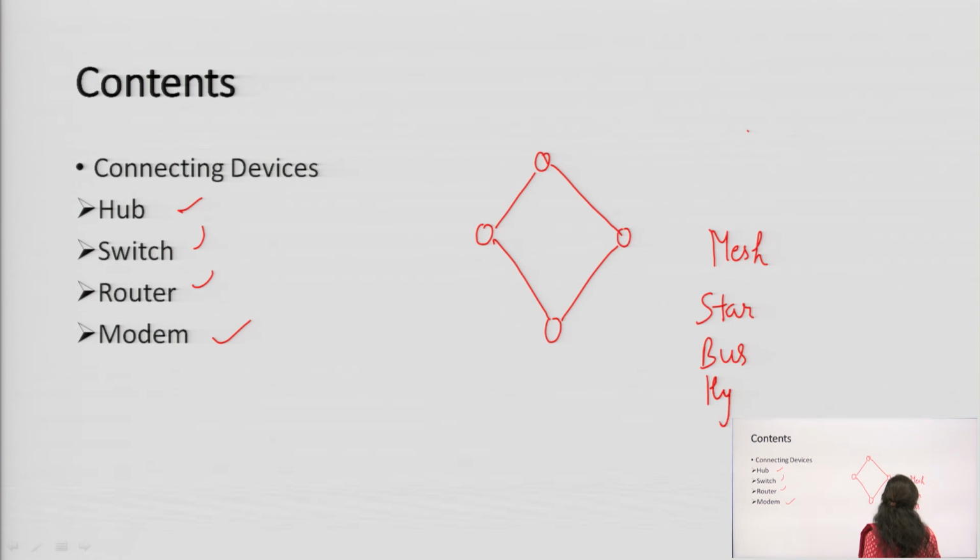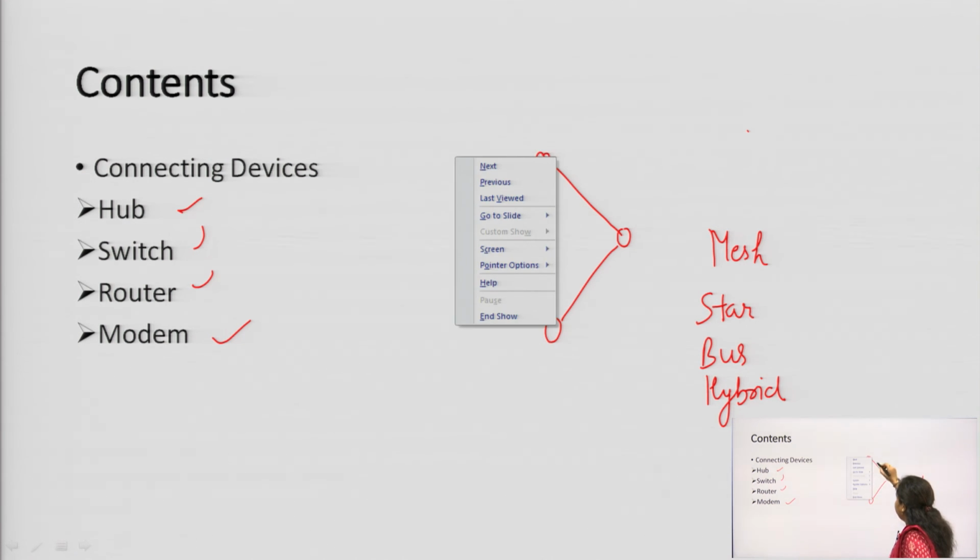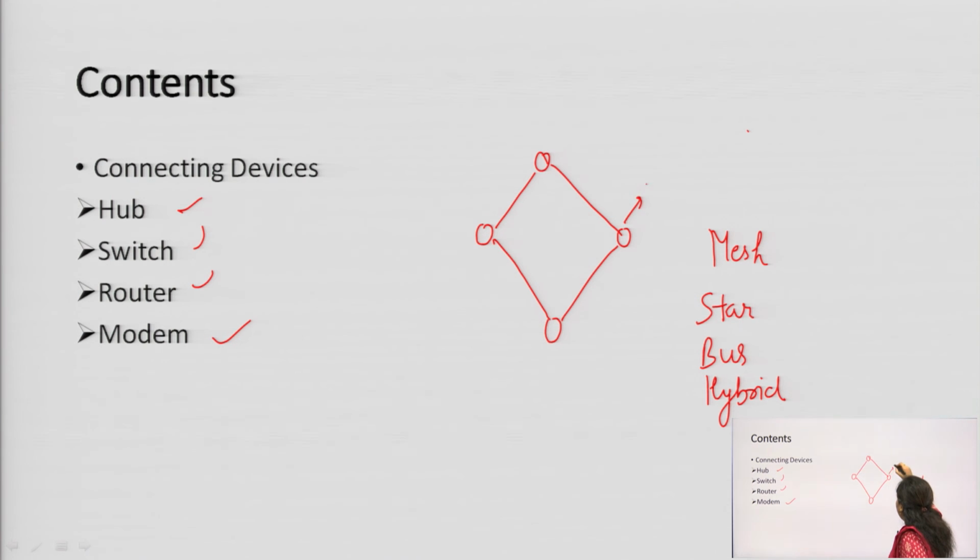Hybrid topology is also possible, which consists of a combination of any 2 topologies. So, whenever a network is set up like this, it has been formed with different connecting devices, like this is the first connecting device, then this may be a node, that node can be a computer or a printer or any hardware device.